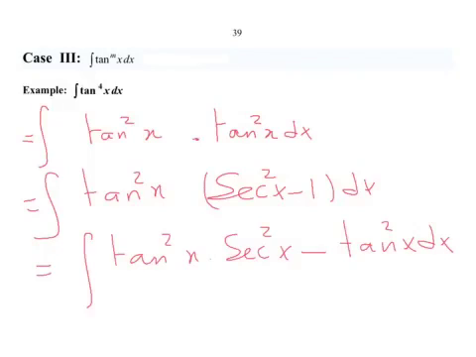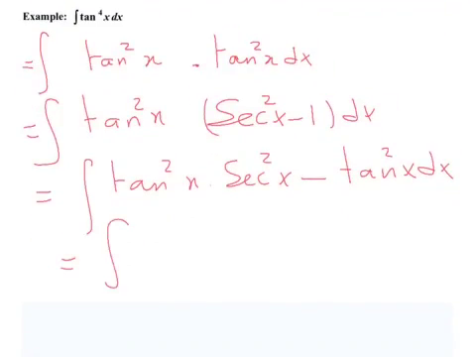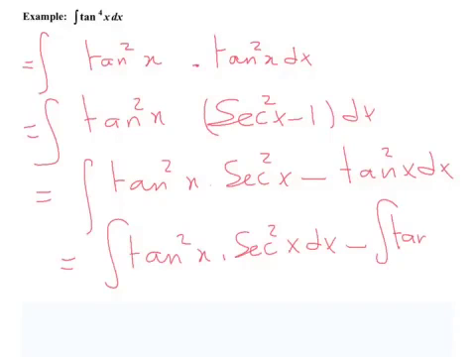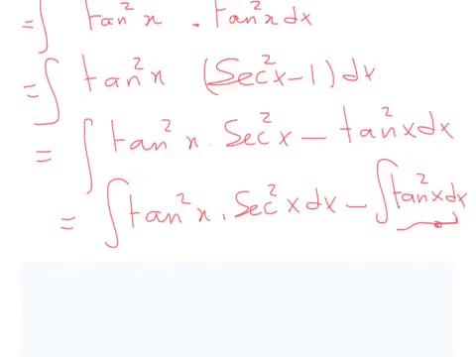We end up with tan square times secant square, which can be done very easily, minus the integration of tan square. So the power of tan has been reduced, and we can continue in a similar way. Tan square can also be done again using secant square and so on.